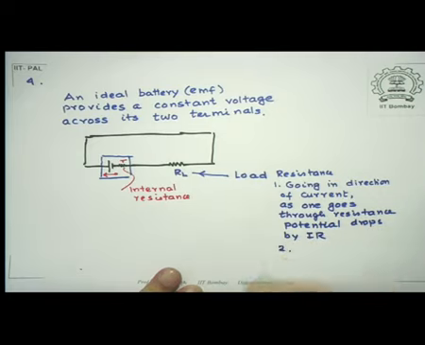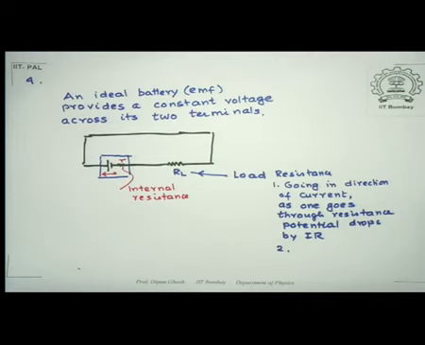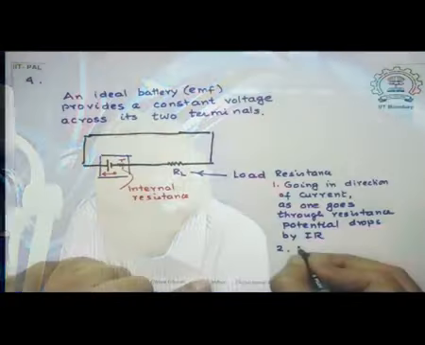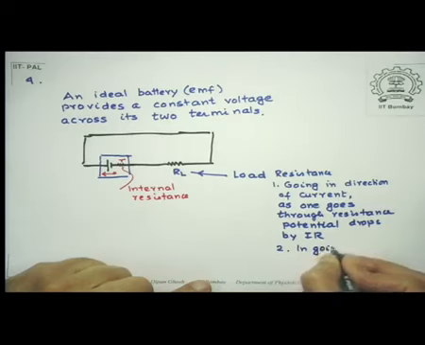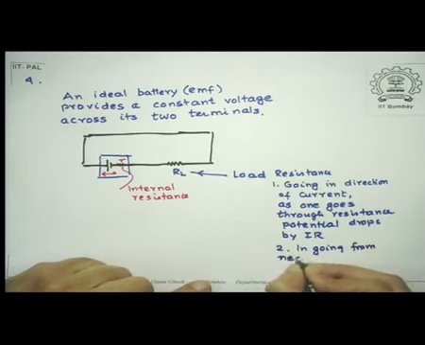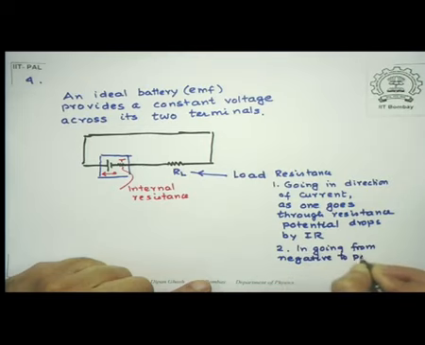That's rule number 1. The second rule is, if you move from the negative terminal to the positive terminal of a battery, then you increase the potential by an amount given by the EMF. So, in going from negative to positive, delta V increases by E.